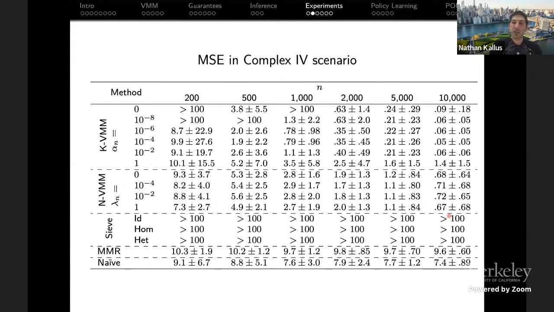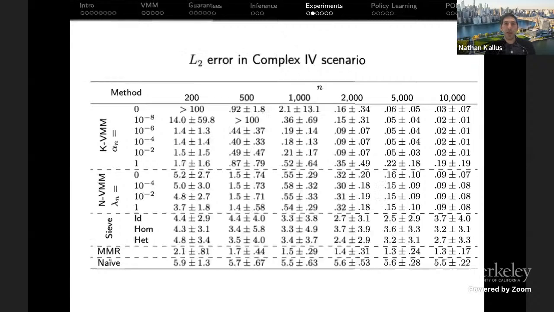That we're actually getting the best possible asymptotic MSE. So hopefully our MSE should be smaller, and it seems to bear out in practice here. We can also talk about not just the MSE of the thetas, but the L2 error of predicting the actual insulin level, the average of squared errors over the insulin levels. And we see much better performance as n grows than especially the Sieve method, but also the maximum moment method.